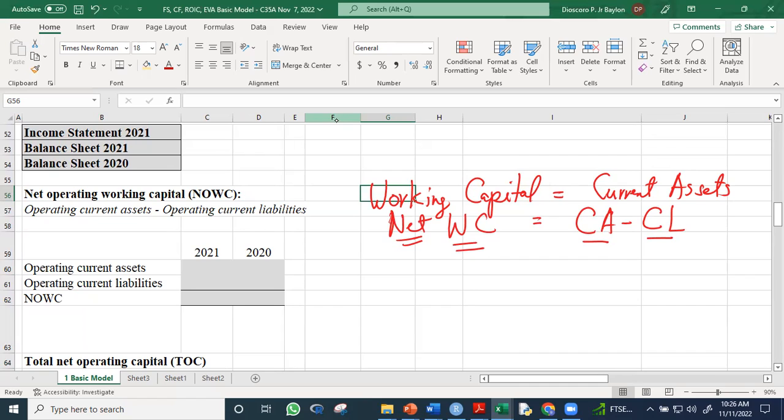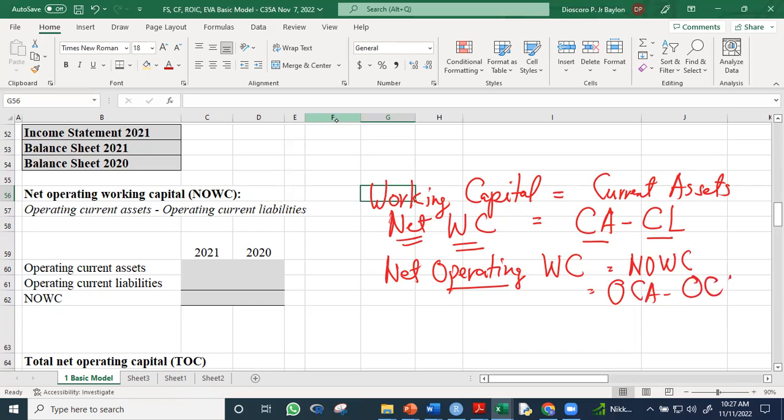Your working capital is your current assets. Now here you have net, but you have this descriptor, operating working capital. Okay, so this is your NOWC, and this is defined as your operating current assets minus operating current liabilities. Okay, here, operating current assets minus operating current liabilities.